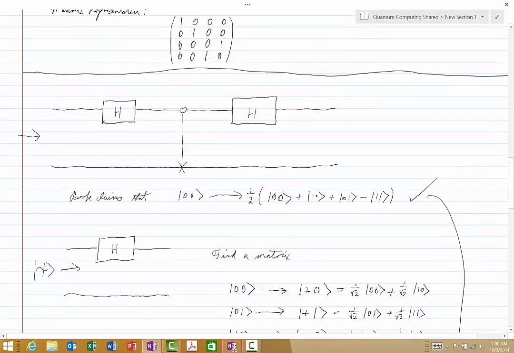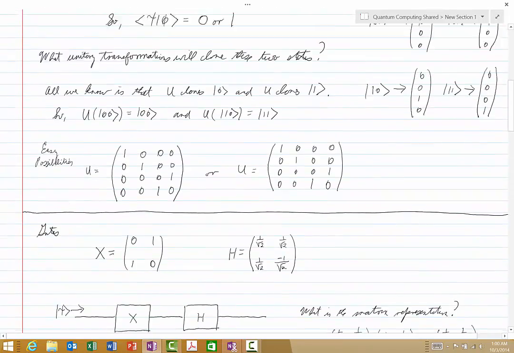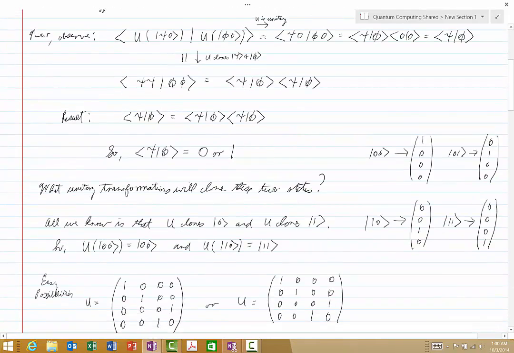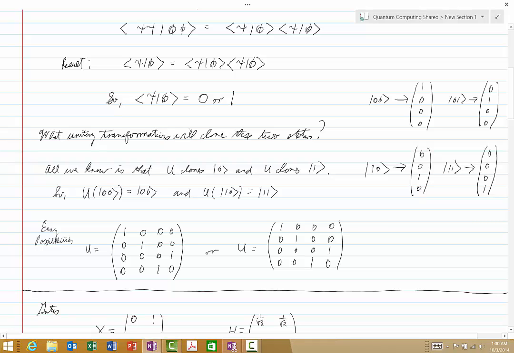Here, in the case that we did at the beginning, in this beginning problem corresponding to exercise A, we said what unitary transformations will clone these two states. And so we could find the first column and the third column of the matrix directly, because we knew the image of the 0, 0 cat and the image of the 1, 0 cat.